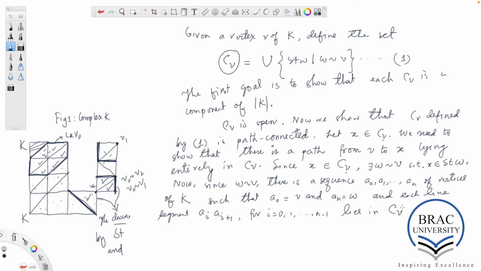Okay, that was the definition of the equivalence relation, right? Now, X is in star of AN by hypothesis, where AN is equal to W.